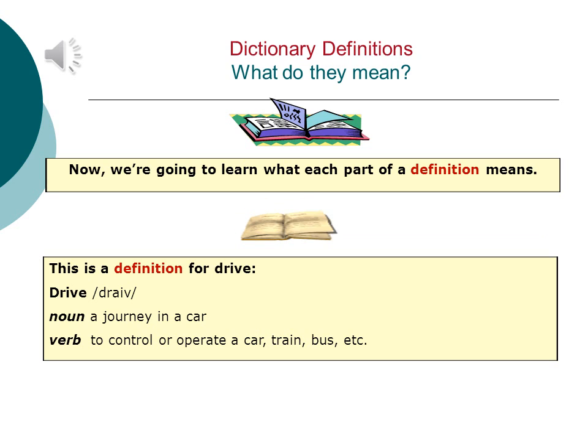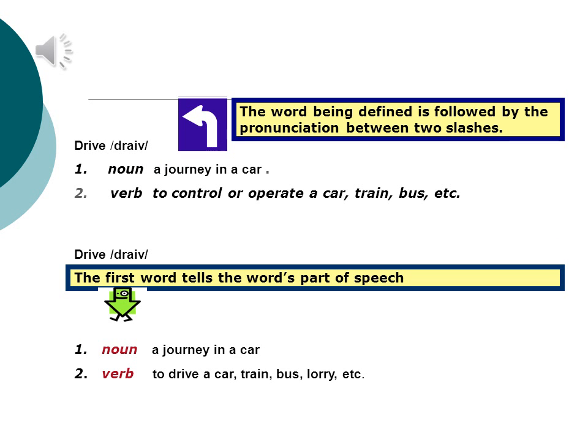This word can be a noun, meaning a journey in a car, or it can be a verb, meaning to control or operate a car, train, bus, etc. As I have just explained to you, the word being defined is followed by the pronunciation between two slashes.